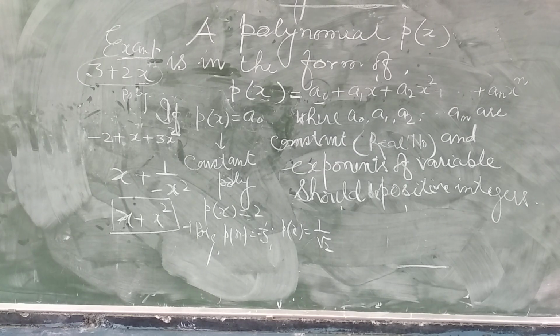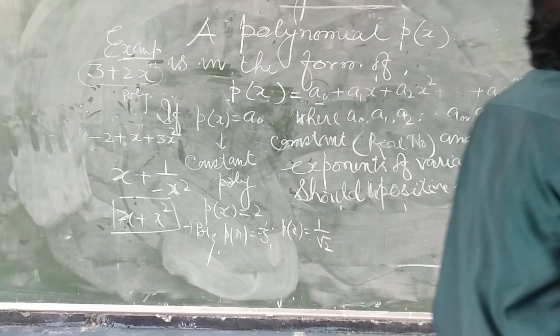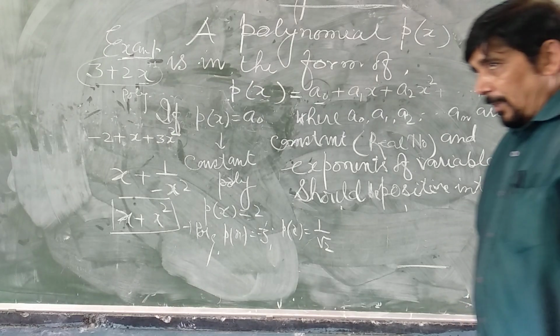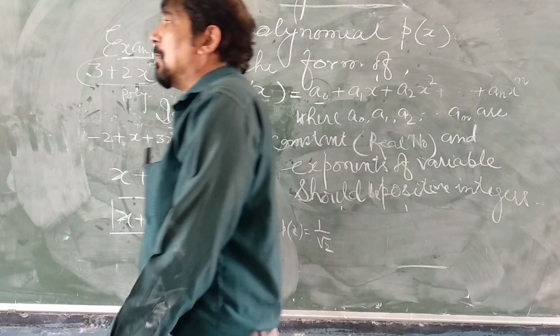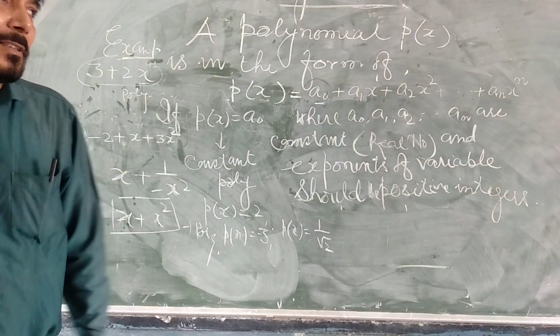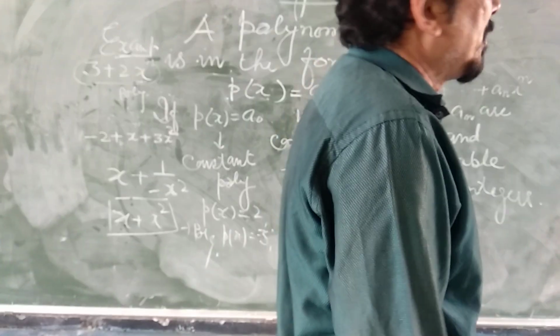But if, out of the given terms where the variables are there, any one of the terms has a variable with a negative integer exponent, then you cannot say it is a polynomial. It is not a polynomial.